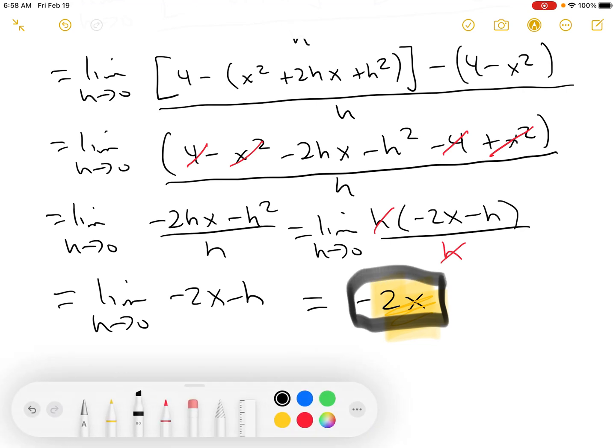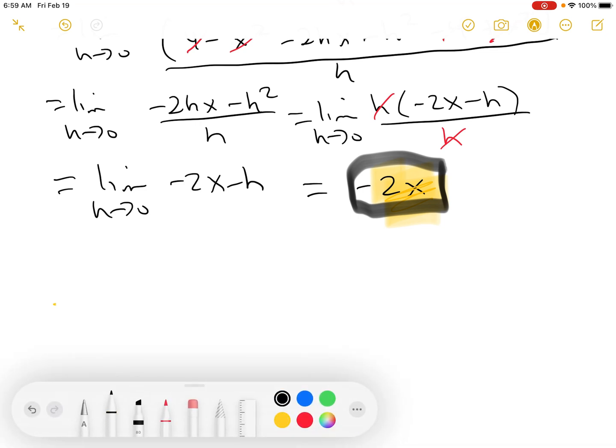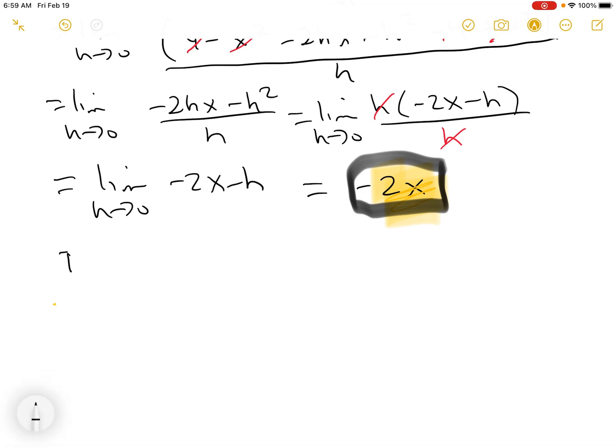So now we see that if f of x is 4 minus x squared, its derivative, f prime of x, is negative 2x. And now if I say, all right, I want to find the derivative at minus 1, 0, 1, 2, and 3, you don't have to take 5 limits, you just plug it in.